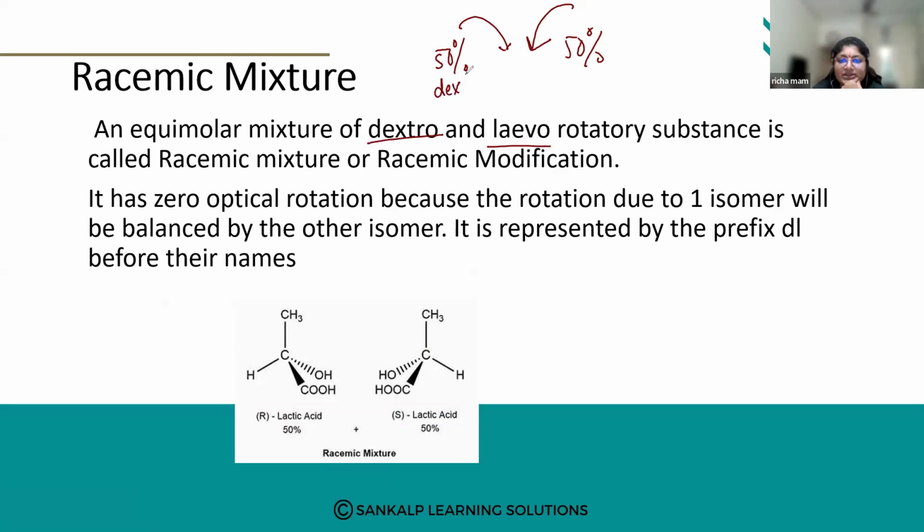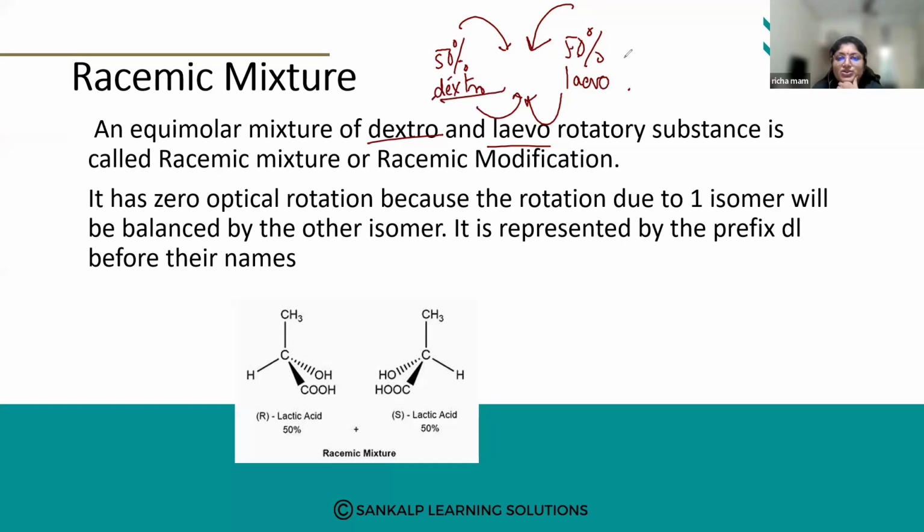When you have 50% dextrorotatory and 50% levorotatory, it has zero optical rotation, because one isomer will balance the other. It will cancel out.